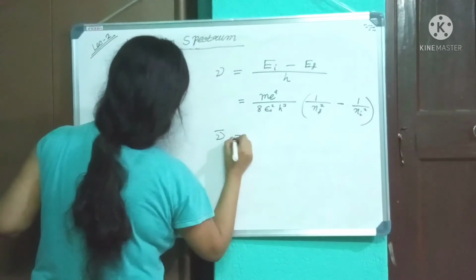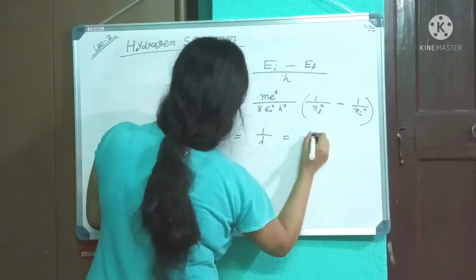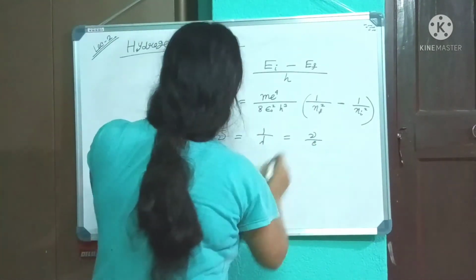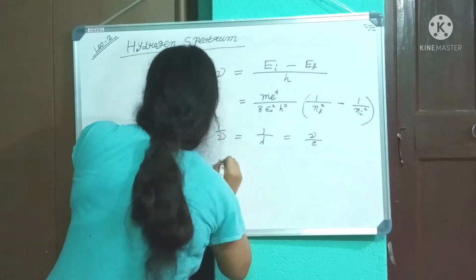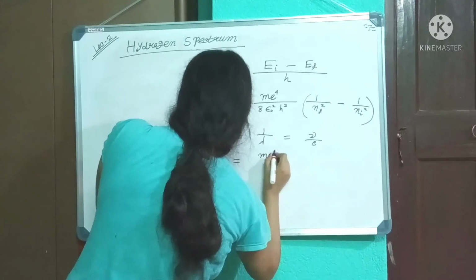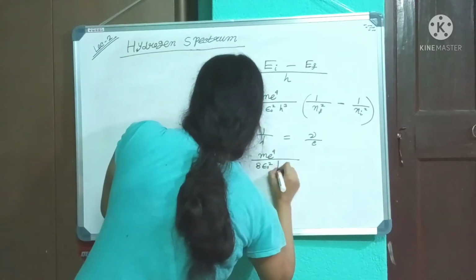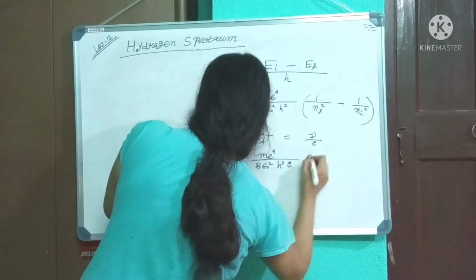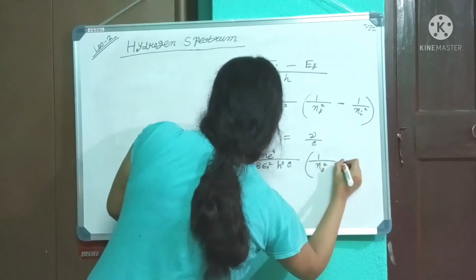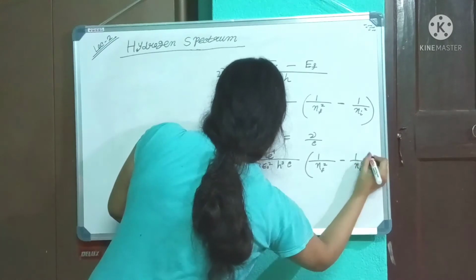Now wave number nu bar equals 1 by lambda, which equals nu by c. Putting the value of nu here, we get nu bar equals 1 by lambda, which equals m e to the power 4 by 8 epsilon naught square h cube into c, into (1 by nf square minus 1 by ni square).